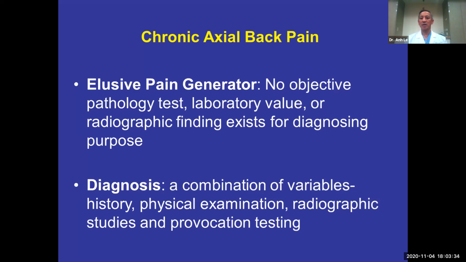At this point, we do not have any objective pathology test, laboratory values, or radiographic findings that pinpoint the cause of mechanical low back pain. The diagnosis is typically made by a combination of variables, including the history, physical examination, radiographic study, and provocative testing.